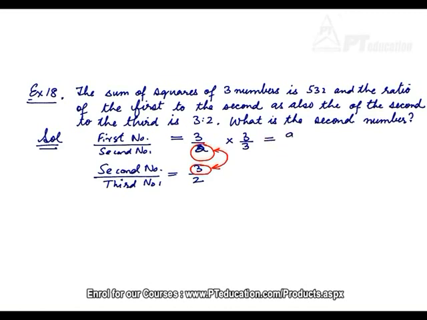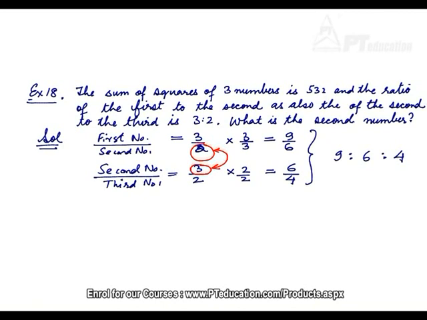So this will become 9:6. And we will multiply the second ratio by 2:2. So this will become 6:4. So from here, the first is to second is to third numbers ratio now becomes 9:6:4. I hope this is very clear.